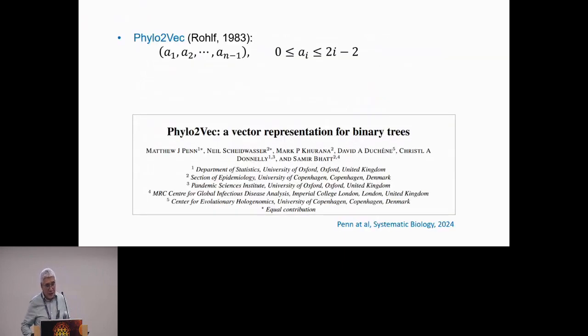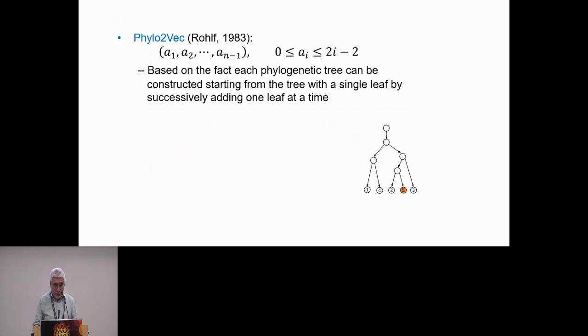But recently, a group of researchers from Oxford University investigated another representation. Each tree is represented by a vector of n-1 dimensions. This is based on a very simple fact: each tree can be generated from a single-leaf tree by adding the leaves one by one.